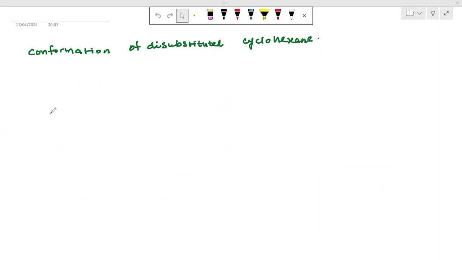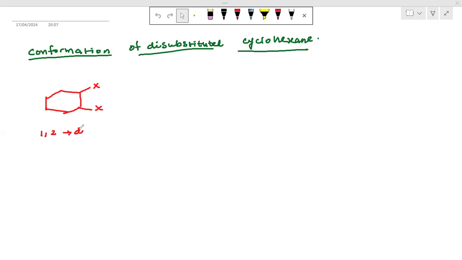Now look at the conformations of disubstituted cyclohexane. The ring is substituted at two positions, like 1,2 substitution. Okay, 1,2 disubstitution.